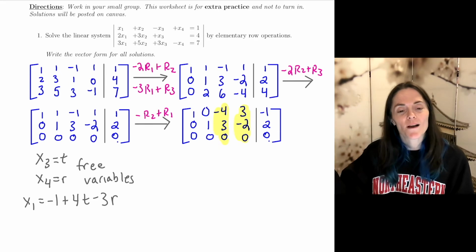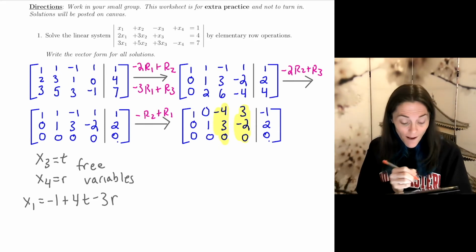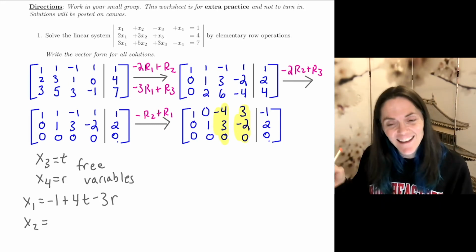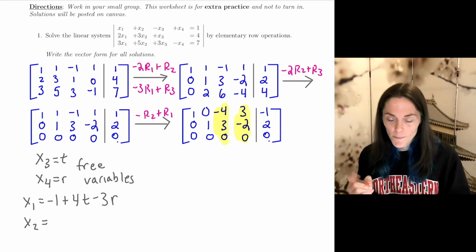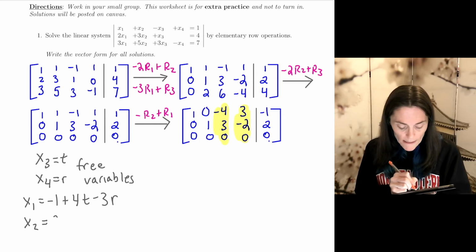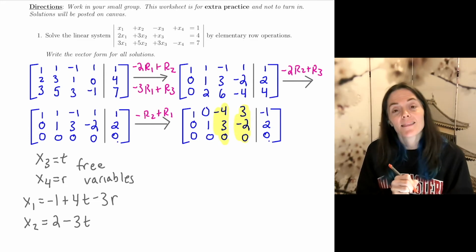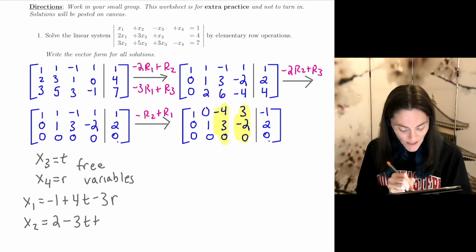So we have x1, x3, and x4. All we need is x2. And if we look at the second line in our reduced row echelon form, it says x2 is 2 minus 3x3, which is t, and then plus 2x4, which is r.